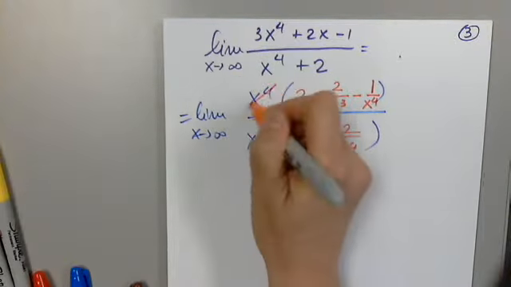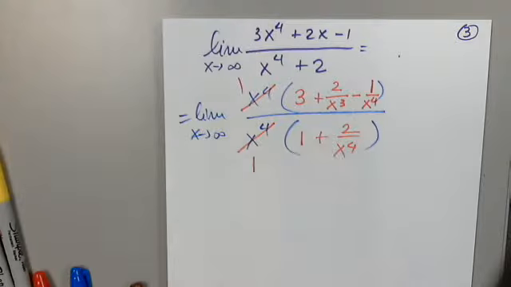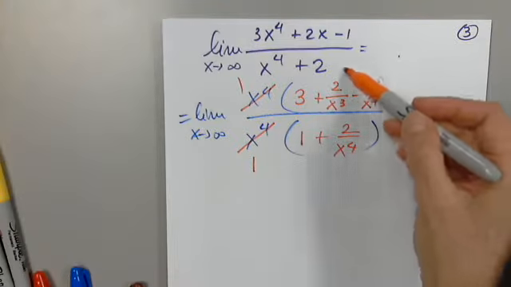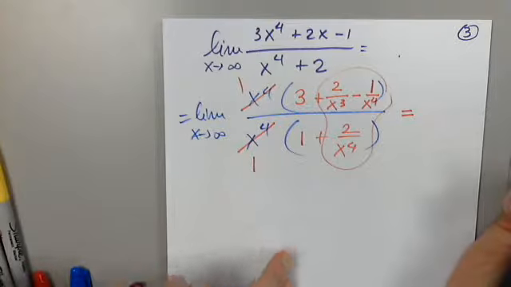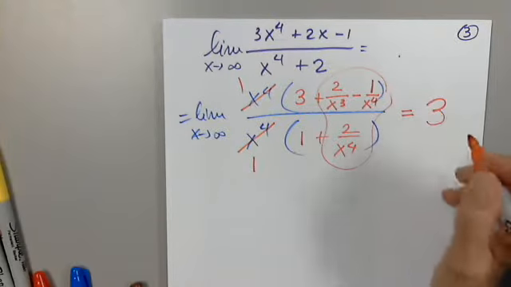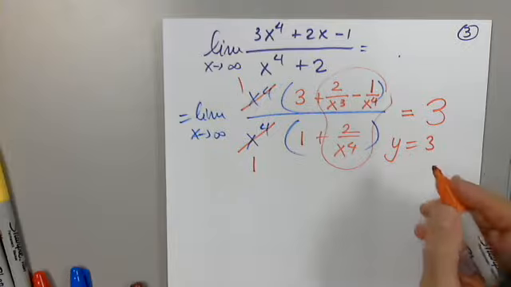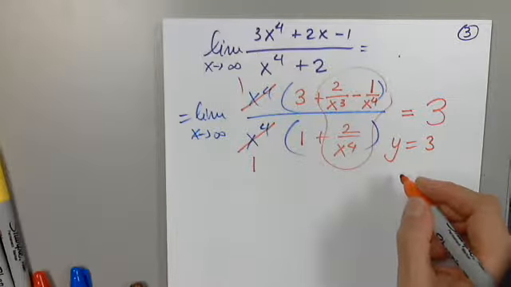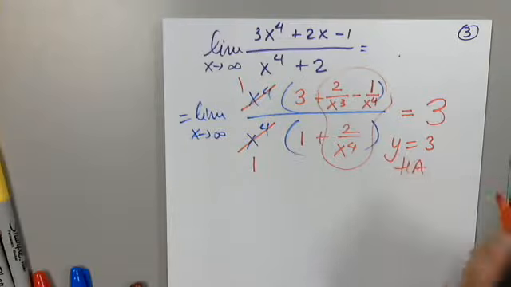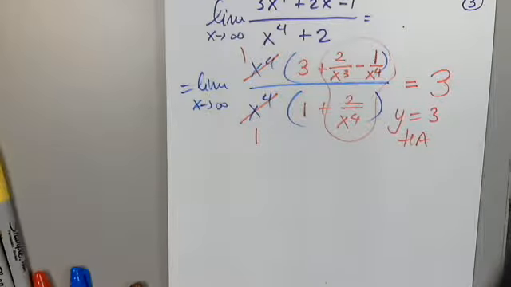Good. Obviously, I'm going to simplify. Where does this go? 0. Good. So then the limit is 3, which means y equals 3 is a horizontal asymptote. Any questions?